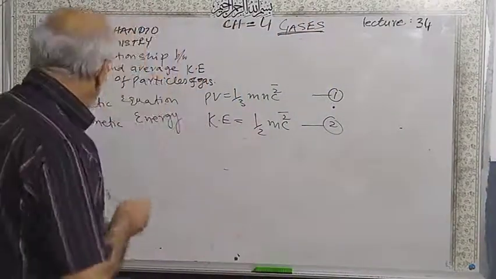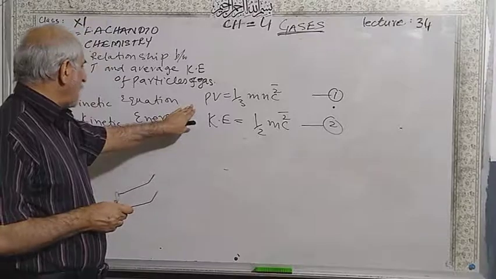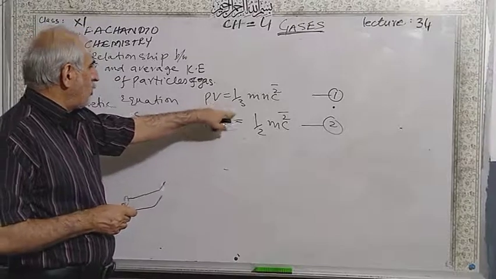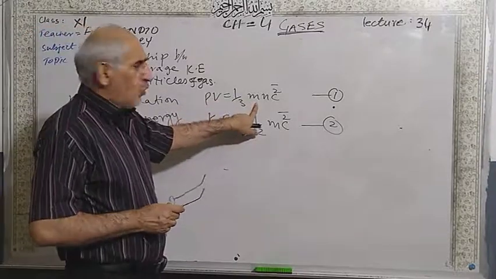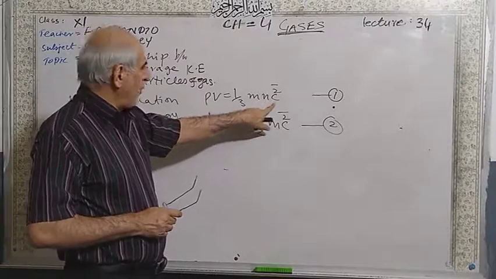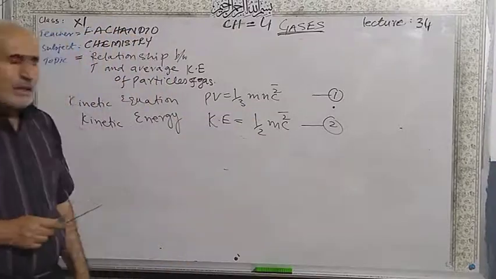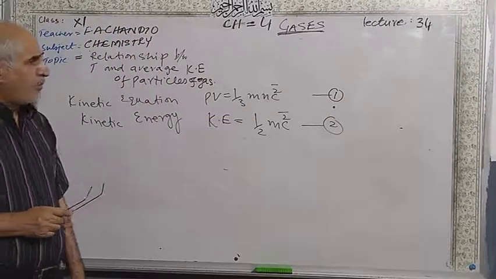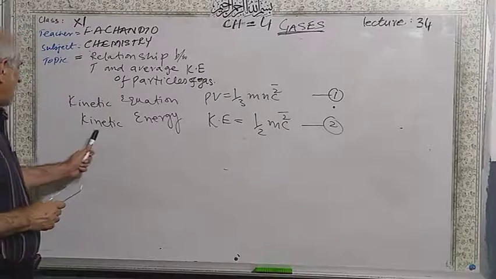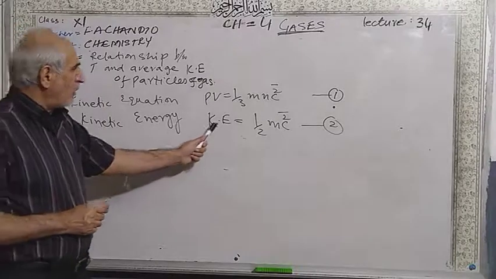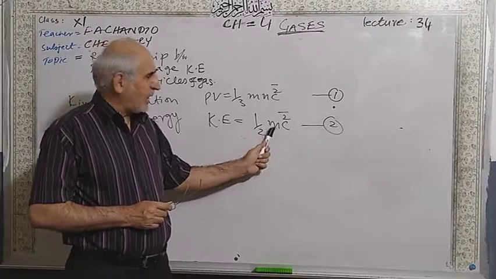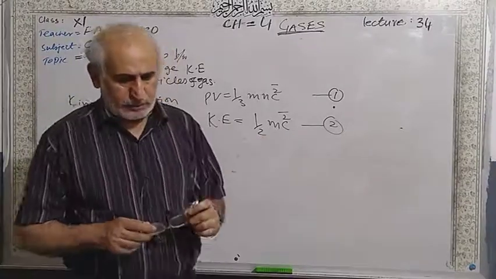So there are two equations, dear students, we have. One is called the kinetic equation: P pressure, V volume, 1/3, mass of 1 mole of gas, number of moles, and square mean velocity. Kinetic energy is also equal to half m, mass of the gas, and c square bar.